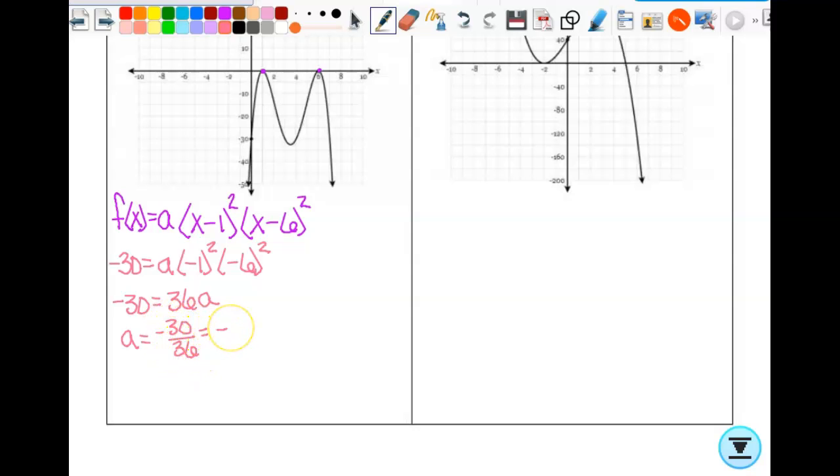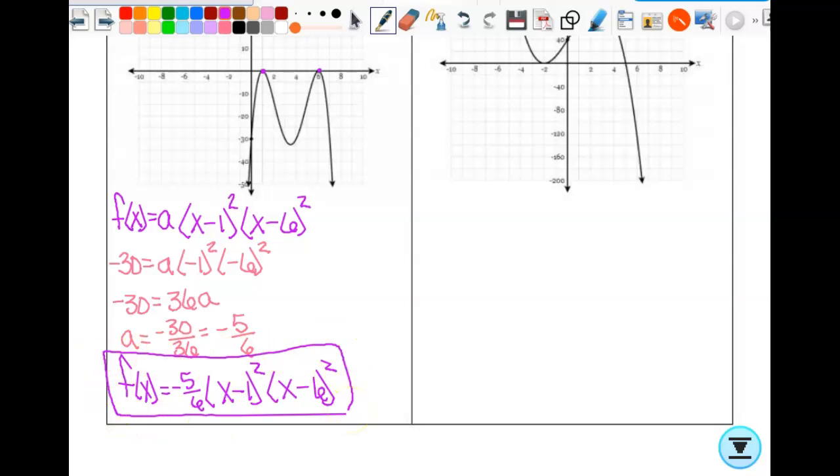When I reduce that, it will be negative. Negative what? Five over 6. So f of x is equal to negative 5/6 times x minus 1 squared times x minus 6 squared.